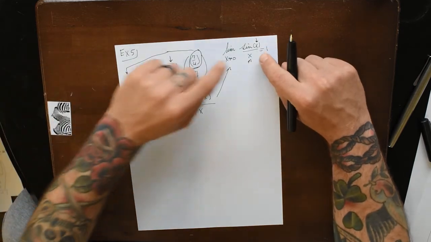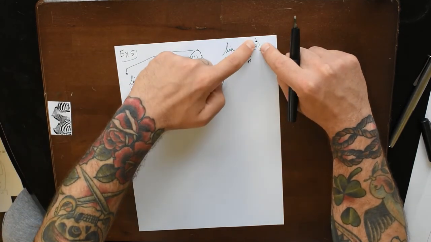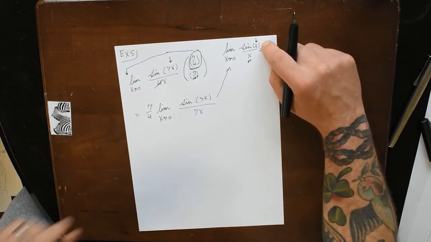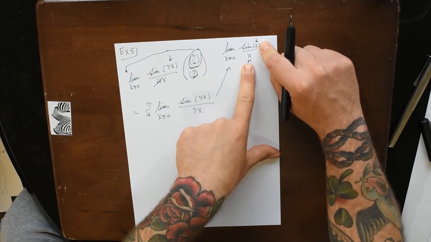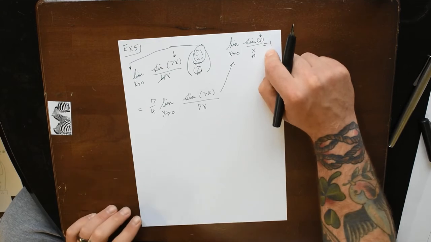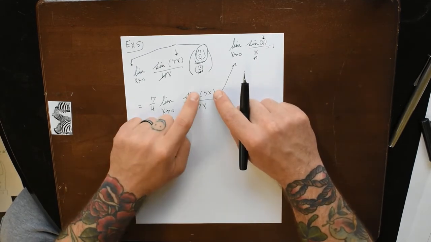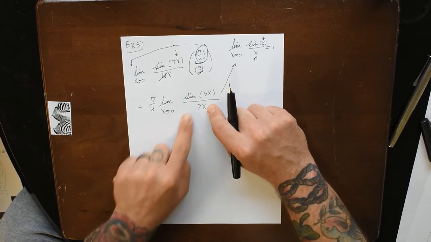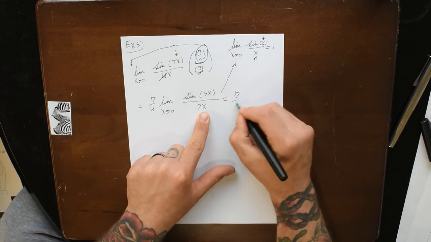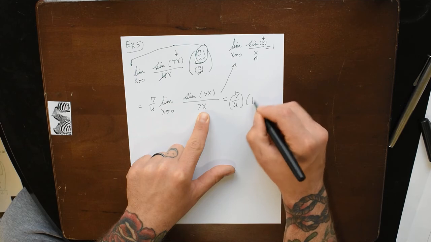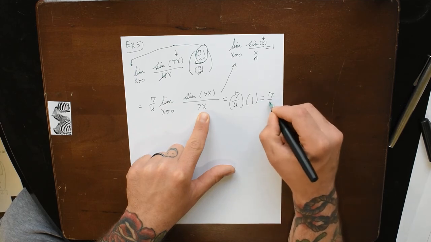What it says is, as the denominator goes to 0 and the numerator goes to 0, as the argument of sine goes to 0 at the same rate as the denominator goes to 0, then that limit is equal to 1. Well, we've got 7x on top, 7x on bottom, and x is going to 0. That's going to be equal to 7/4 times 1, or 7/4.